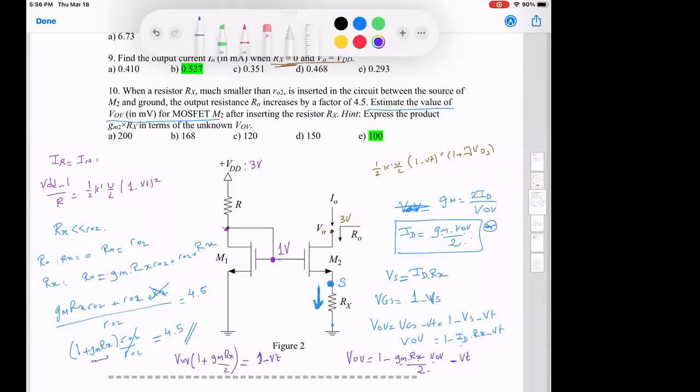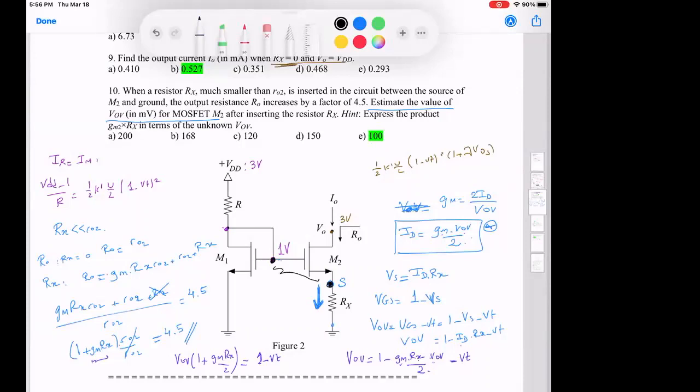It's a little bit convoluted question, but what really matters in all of this is two things. First, I know how to represent VOV: it becomes dependent on those two nodes when I have a resistor.